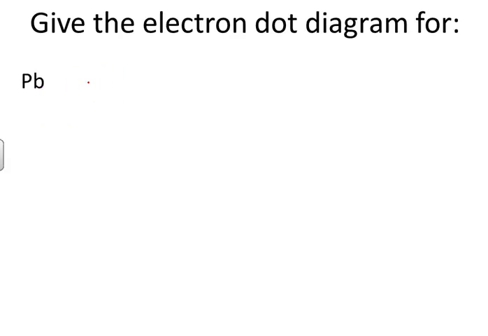Lead would be atomic number 82. It's on the 6th period, so we begin with xenon. And we're going to go xenon 6s2. Then we'll do 4f14, 5d10, and then 6p2.